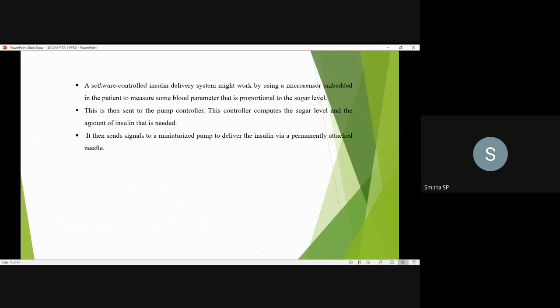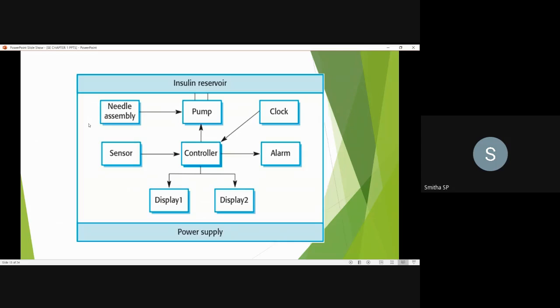You can observe the working of a software controlled insulin delivery system in this diagram. It consists of a needle assembly, a pump, a clock, and an alarm. A sensor is there to measure the blood sugar level, and there is an insulin reservoir.